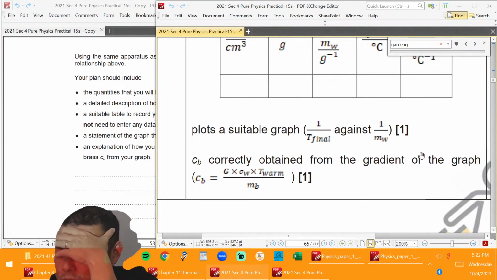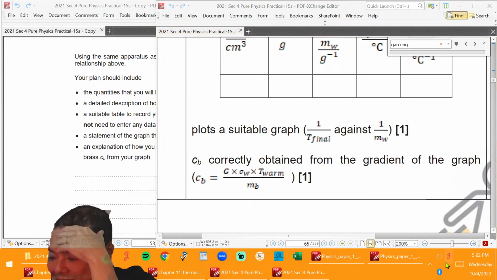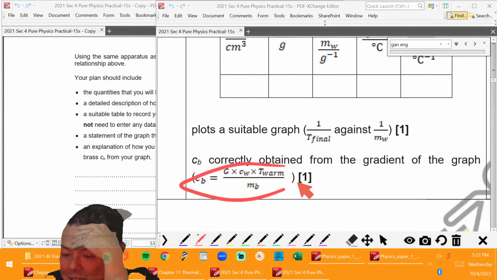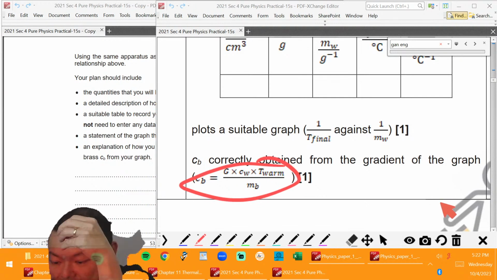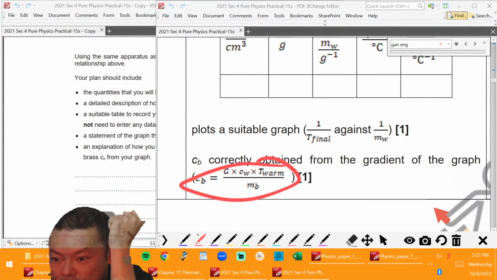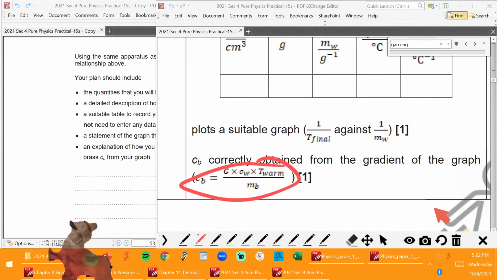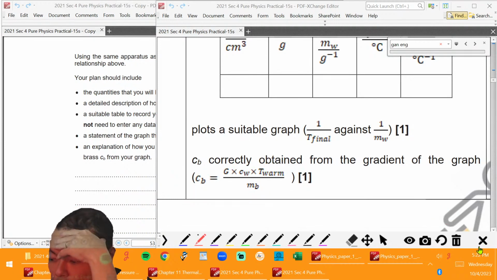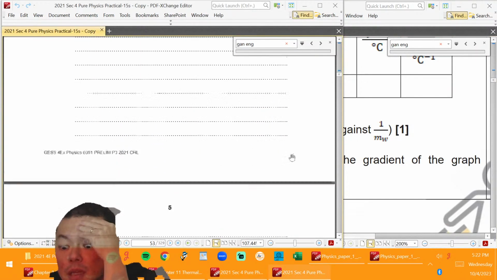Heat capacity can be calculated from the gradient. But you have to be explicit and say how to get it from the gradient, because the gradient doesn't represent the heat capacity of brass. The gradient represents G. So you have to show them how to get G, and how to get the heat capacity of brass. Okay? There we go.